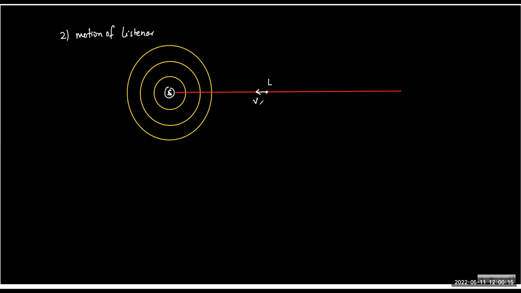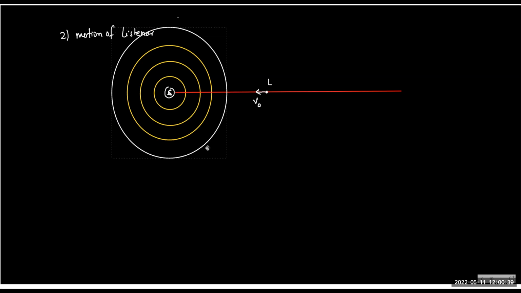We call it V observer. So now the observer is going toward the source. Now I can keep on drawing the wavelengths like this. It's difficult to draw all of them, but you can understand.